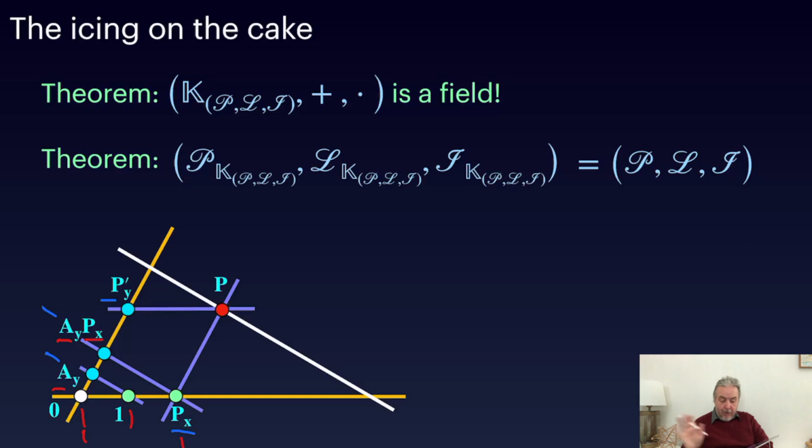So, as I promised to be a little sketchy in that proof, but trust me, what you do by that is the von Staudt equivalent to multiplying this point here by a number Px.